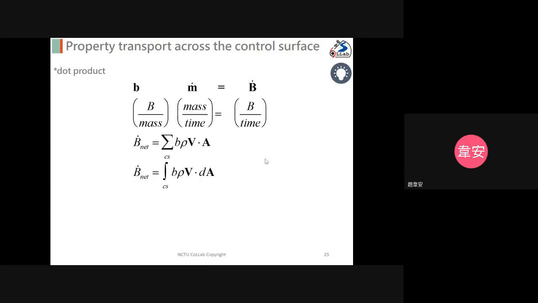Okay, so we can also define the mass flow rate for the extensive properties, like the B dot net showing here. We define it as the property changes along the control surface.